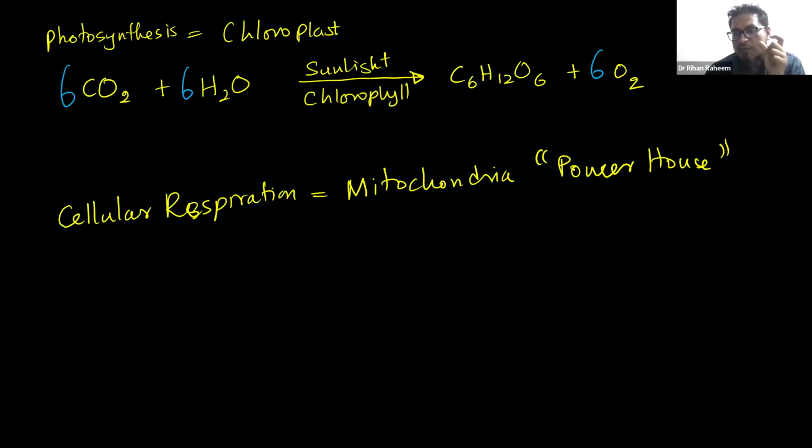Mitochondria is the powerhouse of the cell, powerhouse of our body. It produces energy. How does it produce energy? C6H12O6, glucose that is going from our diet, from our food, what we are eating. And when we breathe, what is the special gas which goes into our lungs? All the air goes into our nose, but from our lungs to the blood, what gas goes?